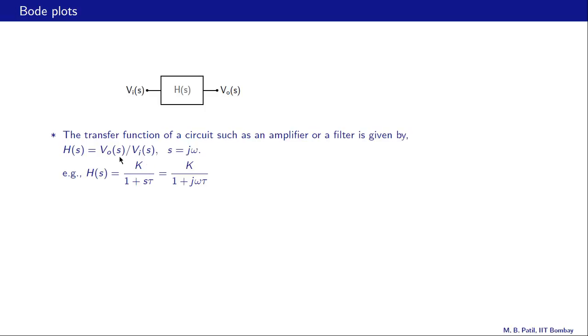S here is the Laplace variable, and for our case it is j times omega. And here is an example of H of s. Say it can be k divided by 1 plus s tau, where k is some constant and tau is some time constant, and that is the same as k divided by 1 plus j omega tau, because s is equal to j omega.